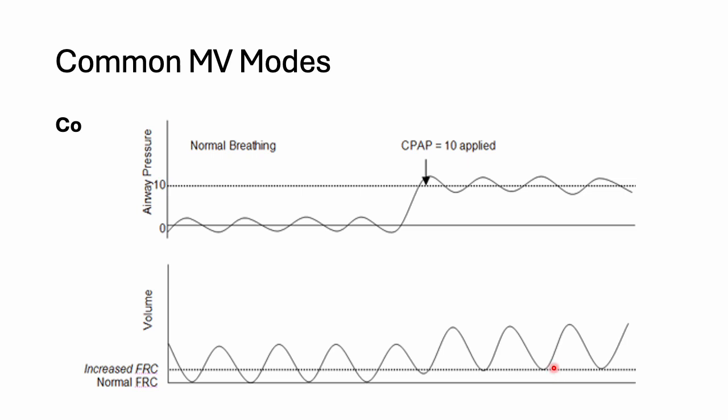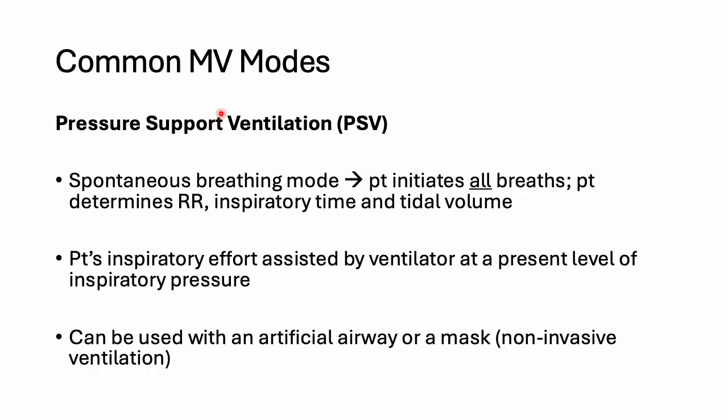So this is CPAP. Now, contrasting this with pressure support ventilation, or PSV. This is also a spontaneous breathing mode. Therefore, there are only 2 spontaneous breathing modes on all mechanical ventilators: CPAP, the one we just talked about, and pressure support ventilation. Again, the patient can initiate all their breaths, can determine their respiratory rate, how long to breathe in, and also the tidal volume, whether it's high or low.